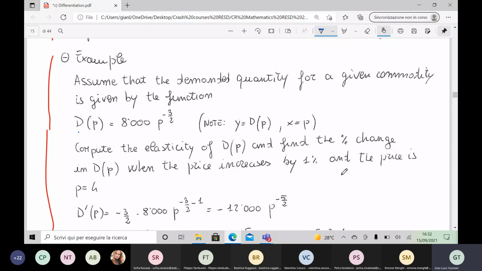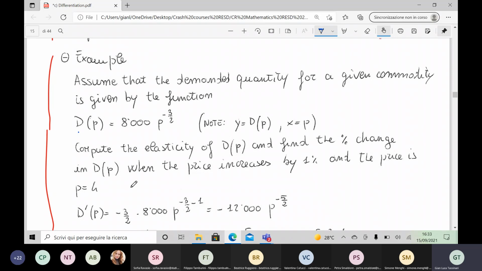So I asked to compute the elasticity of this function and to find the percentual change in the demanded quantity when the price increases by 1% and the current price is 4. So this should be our x0, which we called P0. What happens to the demanded quantity when the price goes from 4 to 4 plus 1% times 4?